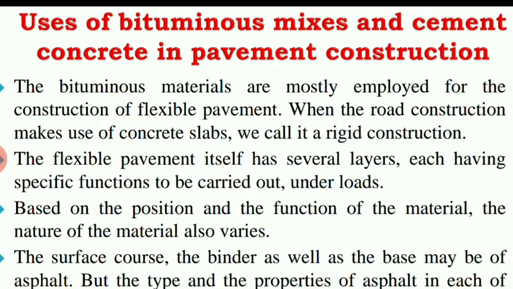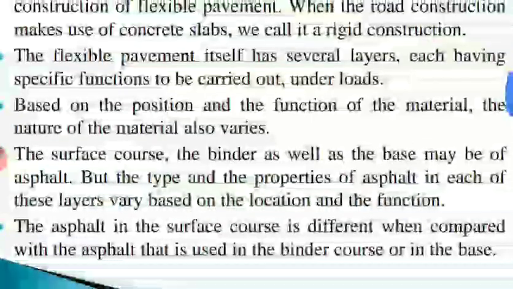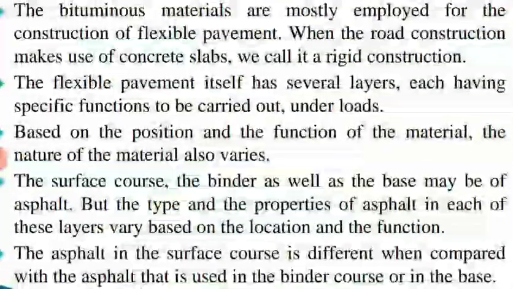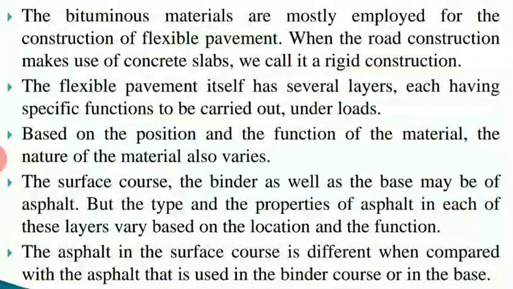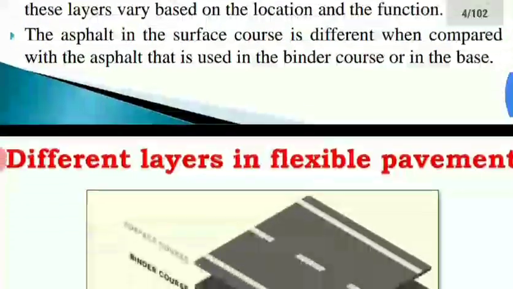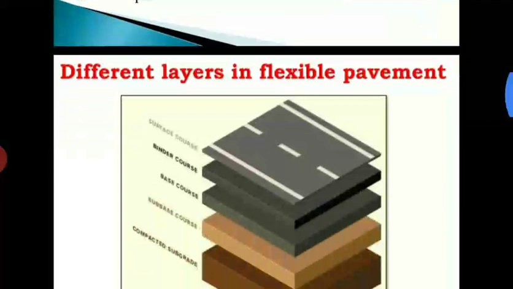And moving to the next point, the flexible pavement itself has several layers. As we discussed in the previous part, we have seen the different layers of flexible pavements. Initially it starts with the subgrade, right? We'll see that figure now, the different layers in a flexible pavement.